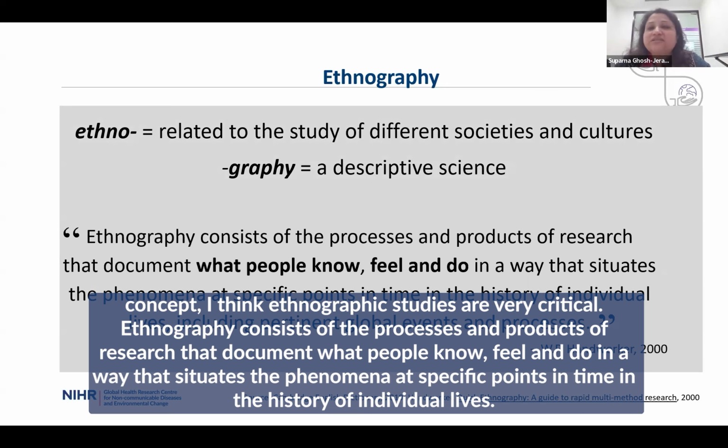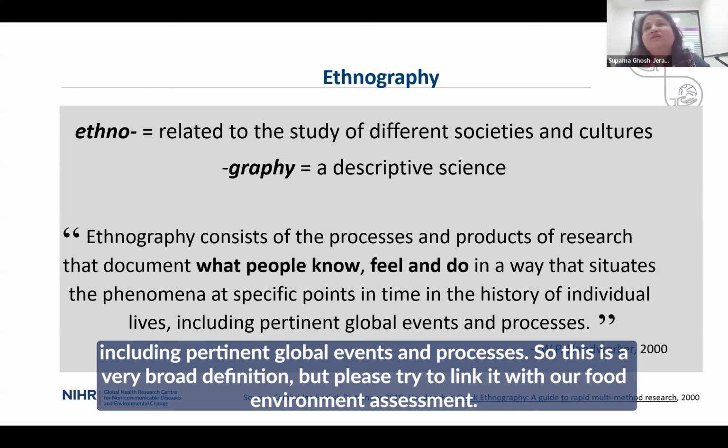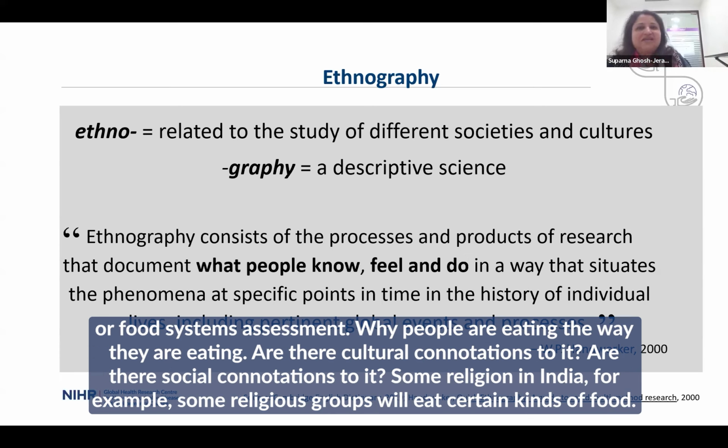Ethnography consists of the processes and products of research that document what people know, feel, and do in a way that situates the phenomena at specific points in time in the history of individual lives, including pertinent global events and processes. So this is a very broad definition, but please try to link it with our food environment assessment or food systems assessment. Why are people eating the way they are eating?